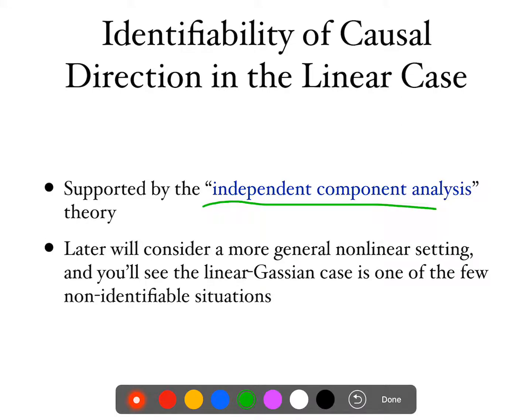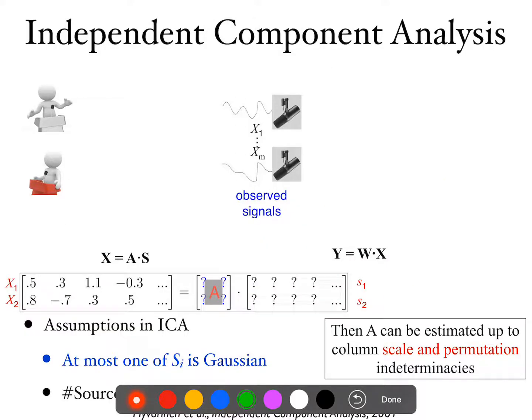The theory says you can estimate this model. The solution is unique because of so-called independent component analysis, ICA. And later we'll deal with general nonlinear settings. You can see the linear Gaussian case is one of the very few cases where the causal direction is not identifiable. That means in almost all other situations, we can find the causal direction between random variables.